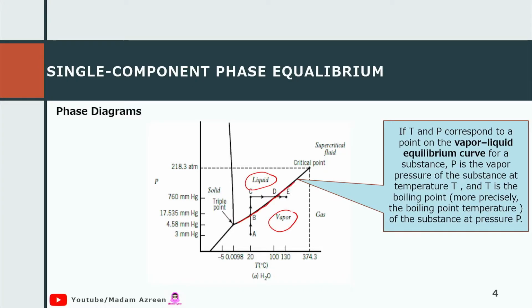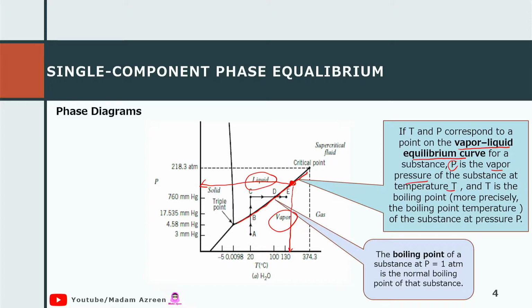So this curve is called the vapor-liquid equilibrium curve, in which the pressure is the vapor pressure of this substance at temperature T. Let's say here, P is the vapor pressure at this temperature. And then we also have the boiling point, which is at point D.